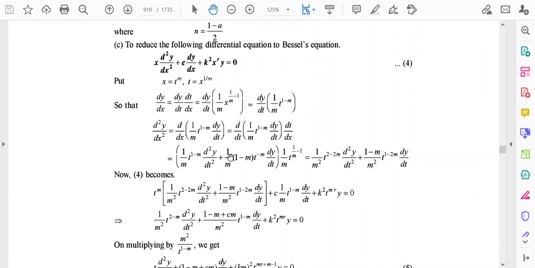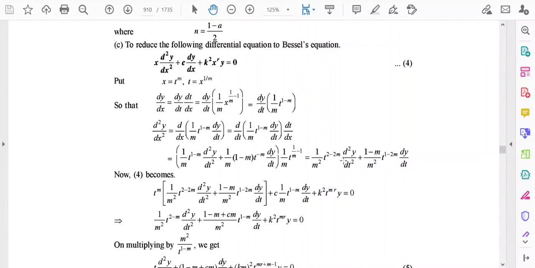So after differentiating with t, we will obtain this term, and for dt by dx we will write this term, because t is equal to this. Now you have to simplify this expression. So after some simplification, we are obtaining this expression for d square y by dx square.